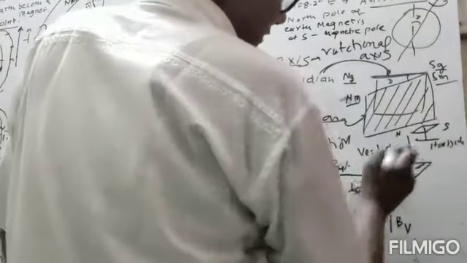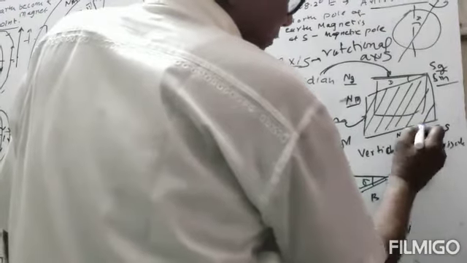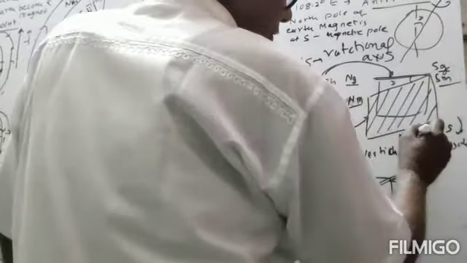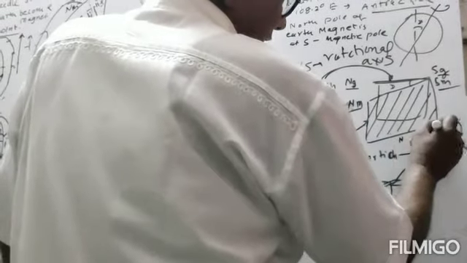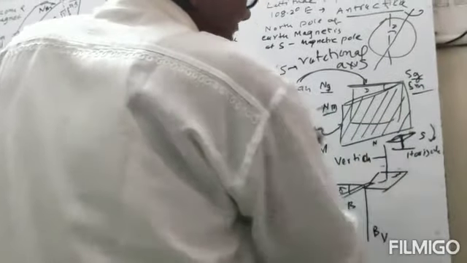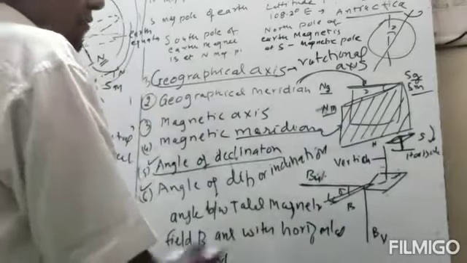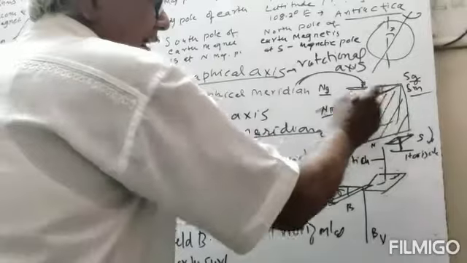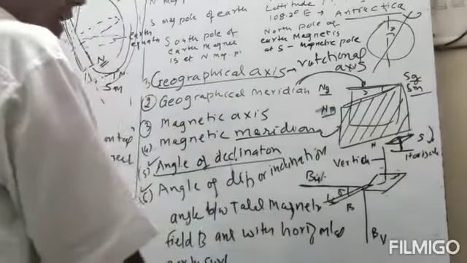Now here in the upper direction we have a magnetic field and we suspend it here so it can only oscillate in the horizontal plane. So when it is here, this will be parallel to the magnetic axis, so this will be the magnetic plane. So this angle will be equal to the angle of declination.